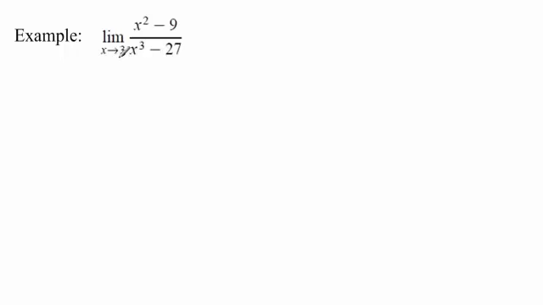Here we need to calculate the limit as x is tending to 3. Now again, quickly we need to reflect on what would happen if we plug 3 into this expression. We can see definitely it's going to be 9 minus 9 over 27 minus 27, which gives again that kind of indeterminate expression, which we are not going to give as a limit.